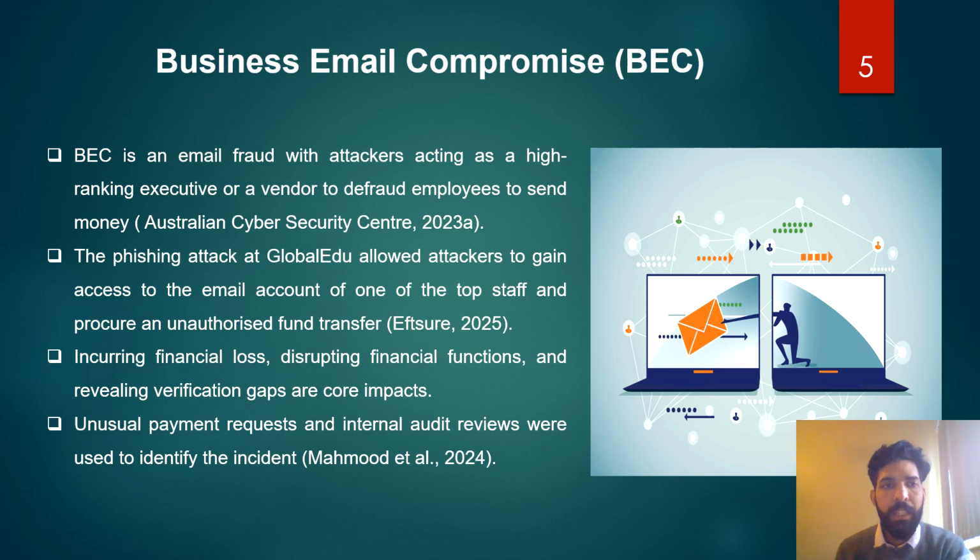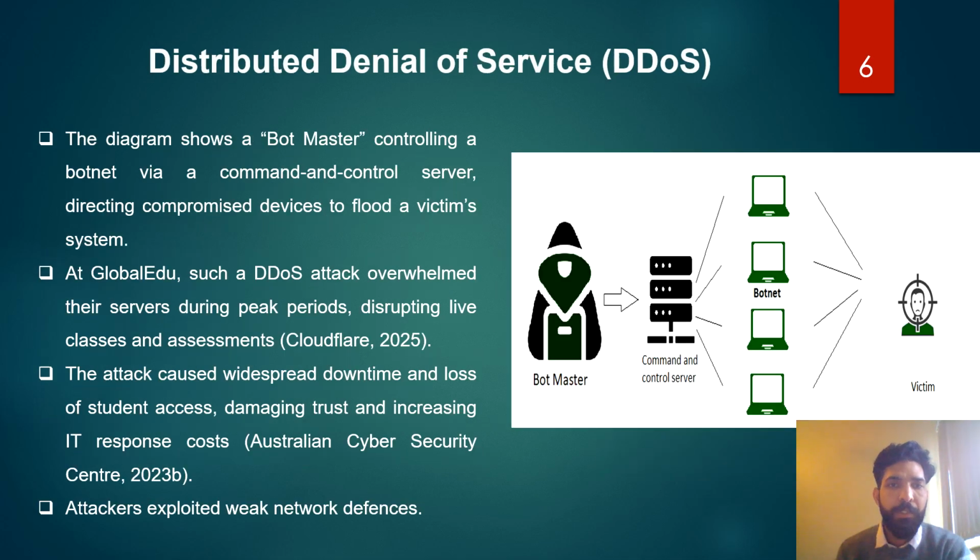And the next slide is about the distributed denial of service (DDoS). A distributed denial of service, or DDoS, attack happens when hackers use many infected computers to overload a website. The diagram shows how a bot master controls a network of bots to flood a target with traffic.